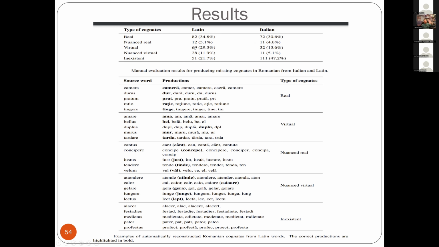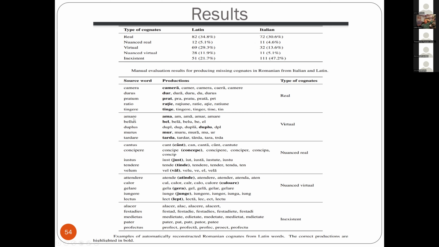From all the 2030 words, we obtain 82 real words, 12 non-virtual, and so on. For example, the words which we obtain are listed here, so they are not in English.